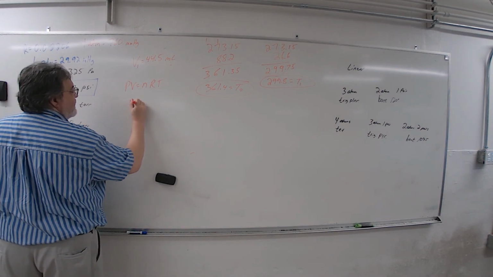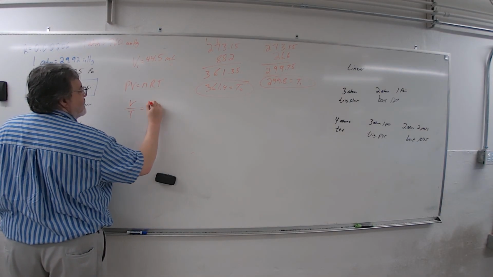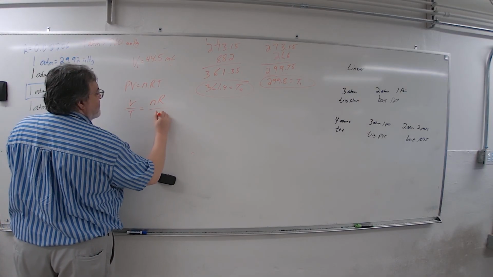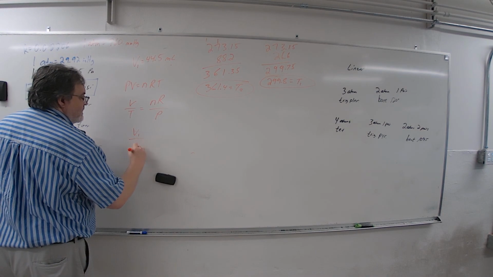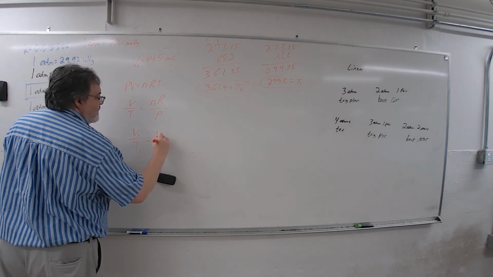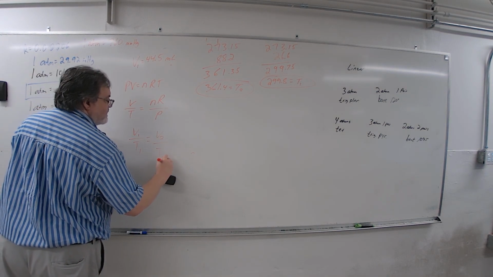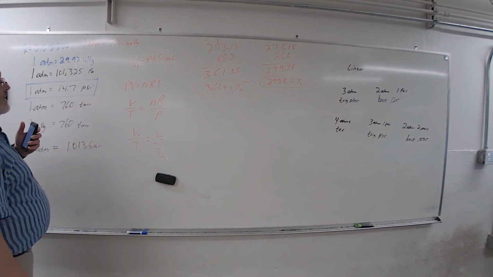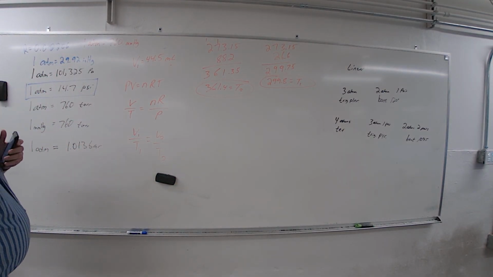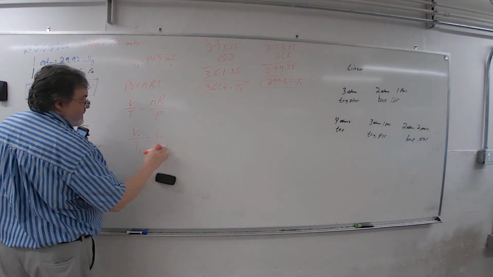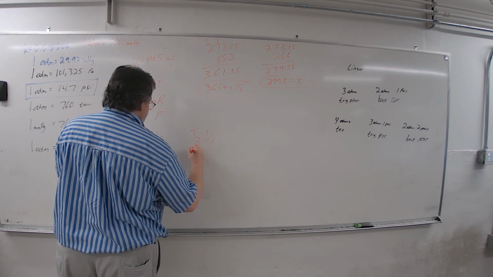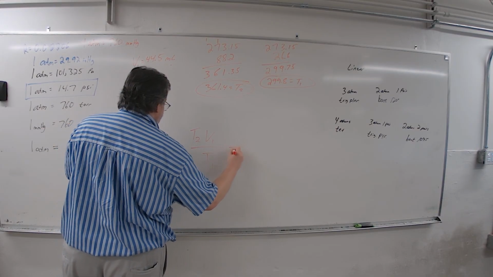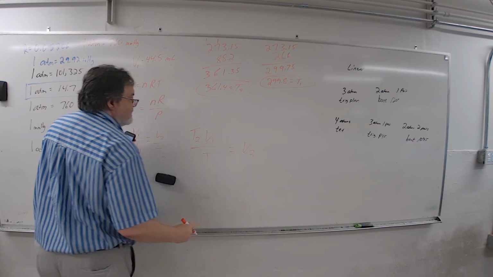So we're going to end up with V over T equals NR over P. Then V1, T1, V2, T2, and we're solving for V2. So multiply both sides by T2 and you get T2 V1 over T1 equals V2.